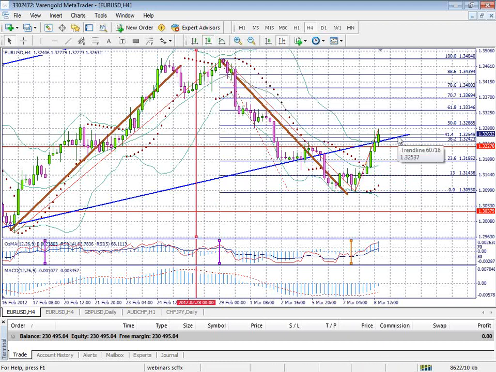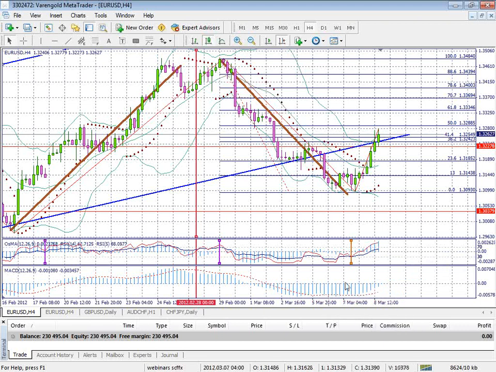We have that trend line. Now it seems that the pair will close above the trend line. It's possible to go to the target of 61.8, but we have to follow how strong the signal will be.